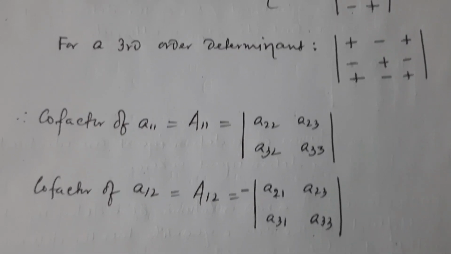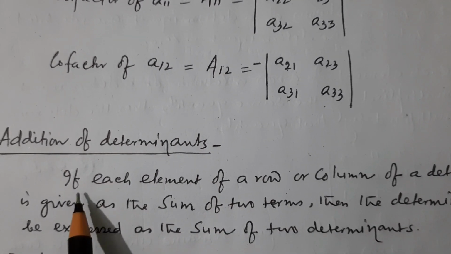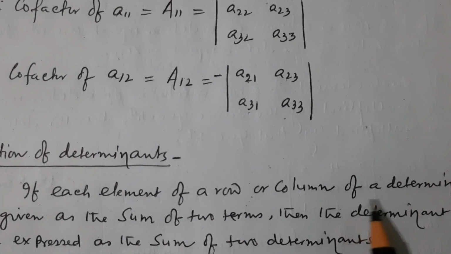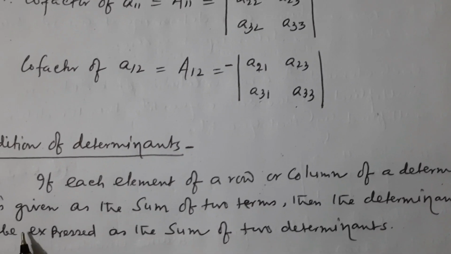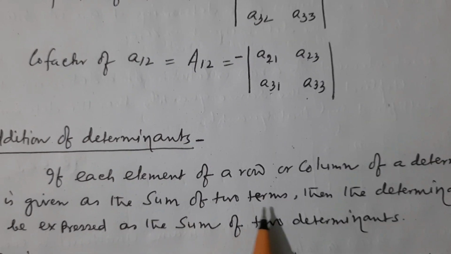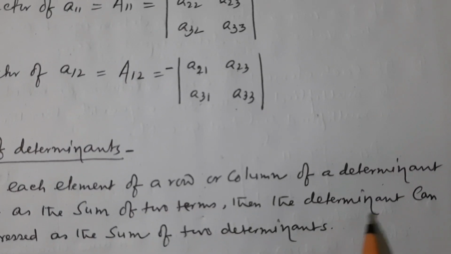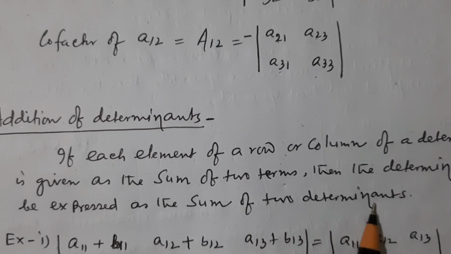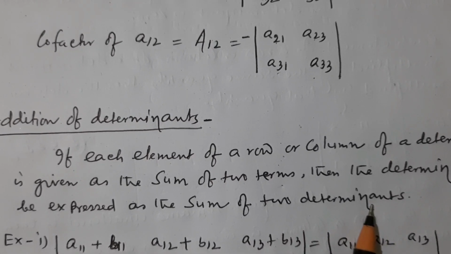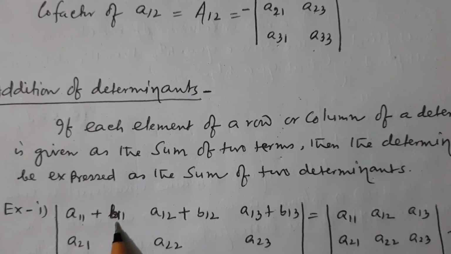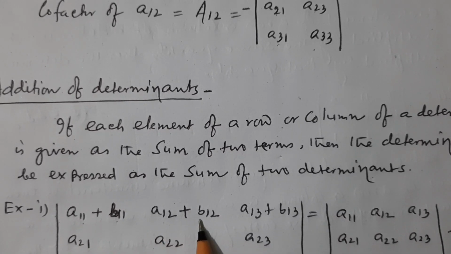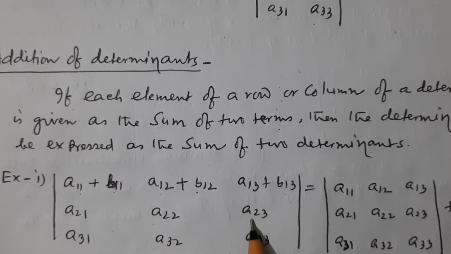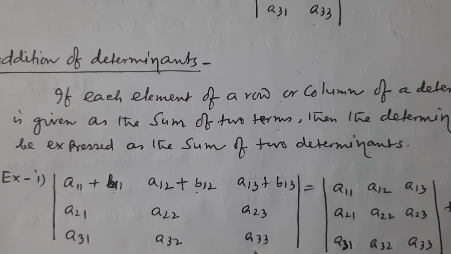Next, addition of determinants. If each element of a row or column of a determinant is given as the sum of two terms, then the determinant can be expressed as the sum of two determinants. Example: here a11 plus b11, a12 plus b12, a13 plus b13, a21, a22, a23, a31, a32, a33.